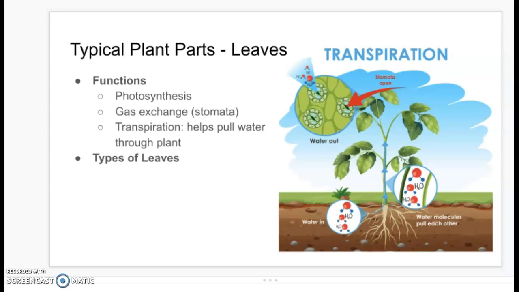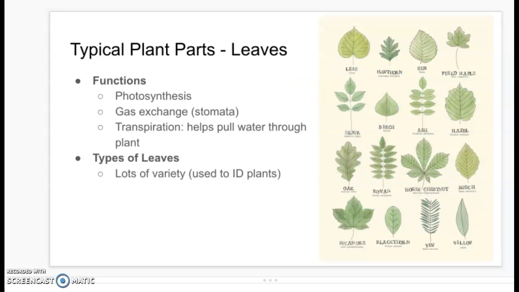Okay, and we're also going to discuss the different types of leaves. And if you've paid attention when you go outside, there are many different types of leaves. And many of these leaves can help us identify the type of plant organism that we're looking at, and its phyla.